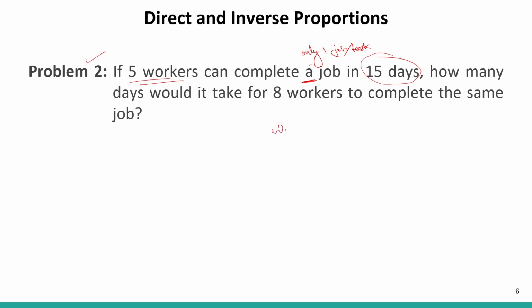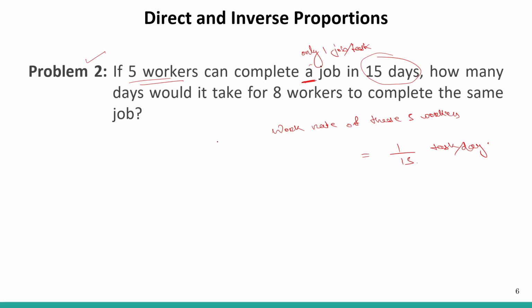So the work rate of those 5 workers is equal to 1 by 15 tasks per day. In 15 days, how much will they complete? They will complete the whole job, because 15 into 1 by 15 is equal to 1.